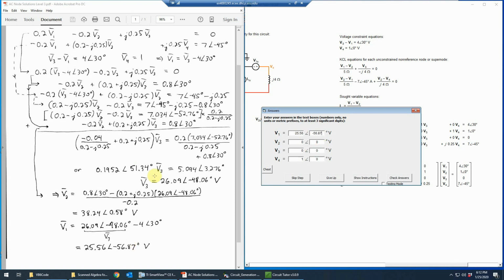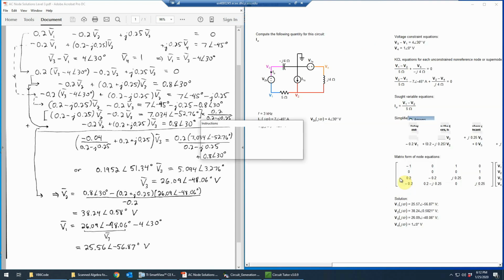And V2 bar is just that 38.24 angle 0.58 degrees. And V3 bar, remember, was 26.09 angle negative 48.06. And I've already entered V4, so that should hopefully be correct. We'll check that. And indeed, those are sufficiently correct.